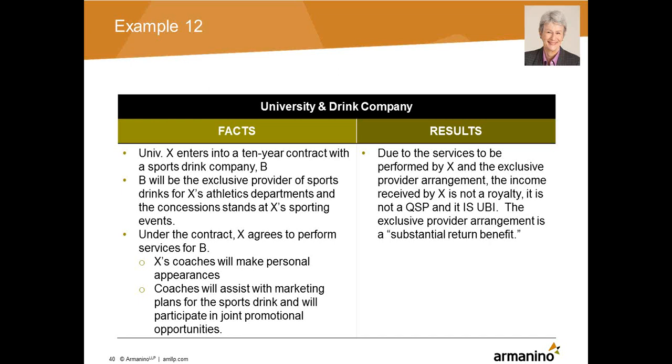Then we have an exclusive provider arrangement, and that is generally going to result in a substantial return benefit because you're eliminating the competition, and that's going to fall outside the realm of a qualified sponsorship payment. So just be aware, when you're structuring these contracts, that there are differences, and they may seem pretty innocuous on their face, but they can make all the difference.